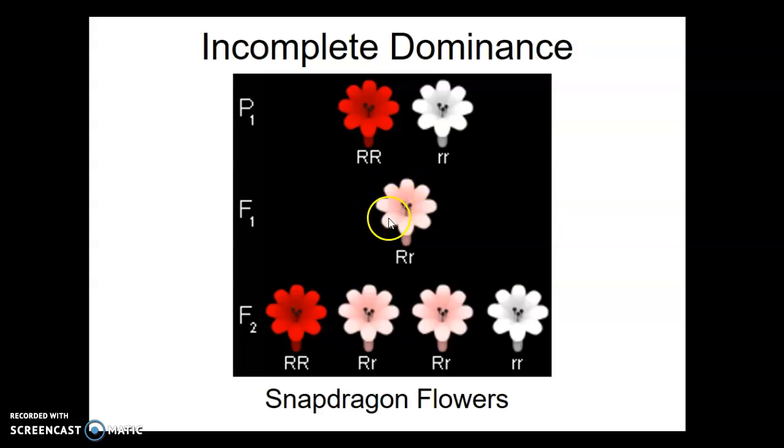Now in the F1 generation, we see all of the offspring are heterozygous because the red flowering plant passed down the red allele, the white flowering plant passed down the white allele. But if we take that F1 generation and we cross 2 pink flowering plants from that generation, we're going to end up with about a 25% homozygous red, a 50% heterozygous pink, and a 25% homozygous white. So this is seen in snapdragon flowers.